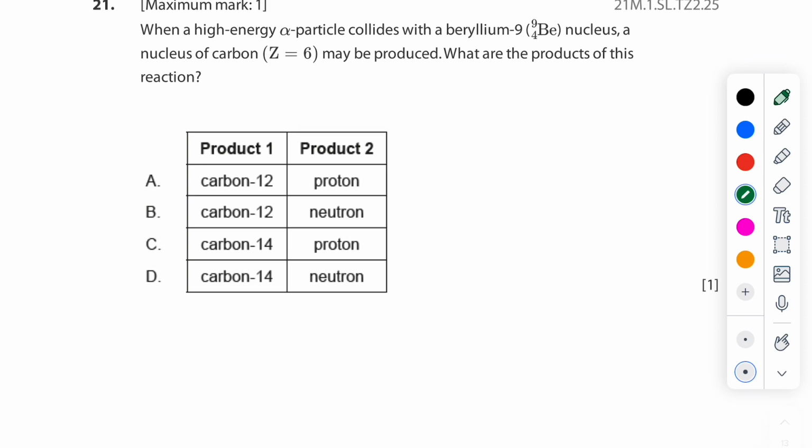Question number 21. When a high energy alpha particle collides with a beryllium nucleus, a nucleus of carbon may be produced. What are the products of this reaction? So we have to find the products of this reaction.